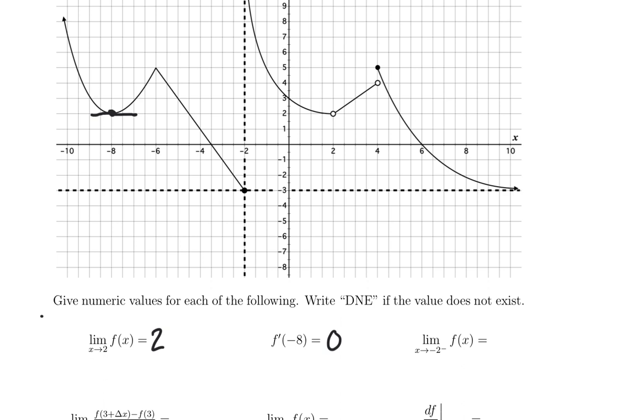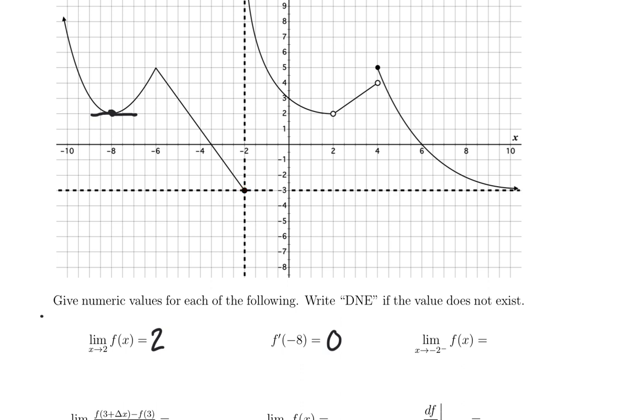All right, the limit as x approaches negative 2 from the negative side. So I'm going to go to negative 2 right here. We have an asymptote here. So from the left side, so I'm going to go to the left here. It's the left side of the graph. I'm going to go down and here, there's a point right here, a solid point.